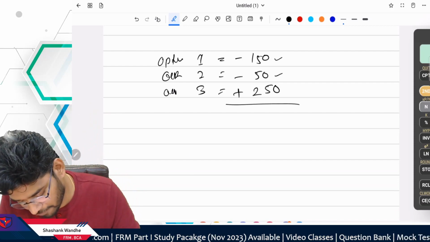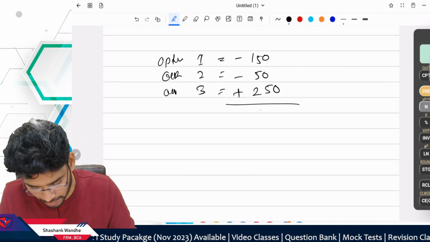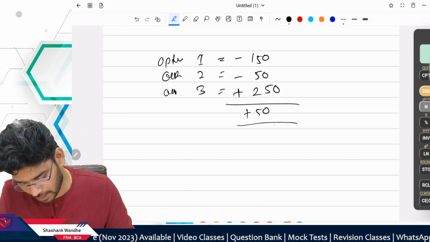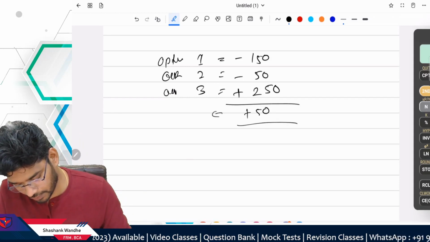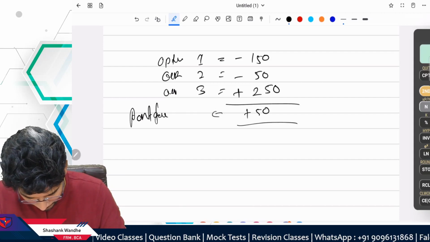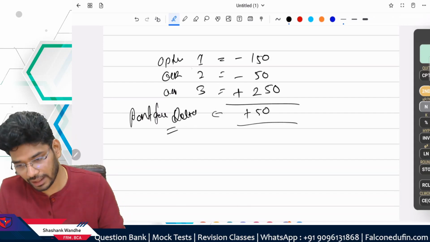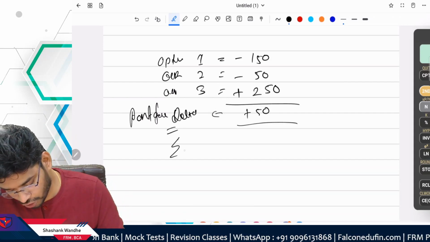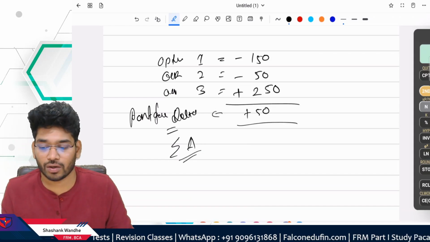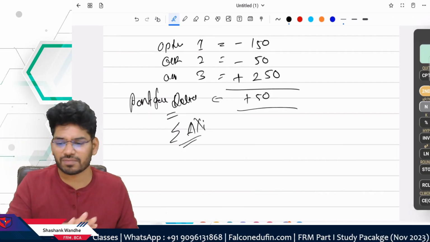If you take the total, you will have a plus 50. So your portfolio delta is simply the summation of individual deltas of the securities. Very simple.